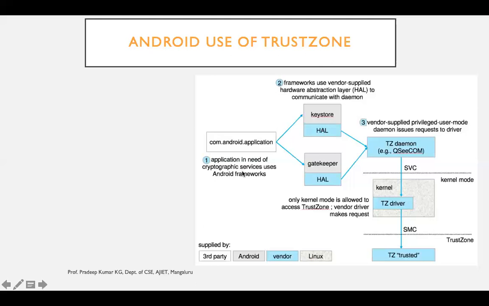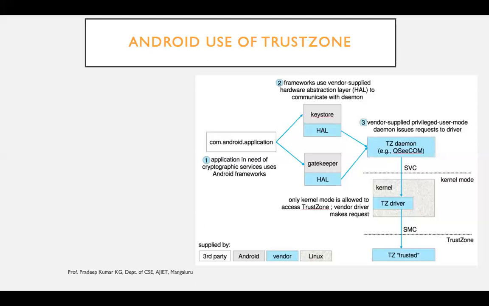So first, an application in need of cryptographic services uses the Android framework. So how is it installed in our Android? That is what this particular diagram is supposed to explain. So first you will download. We are explaining in such a way that you have already downloaded the application.